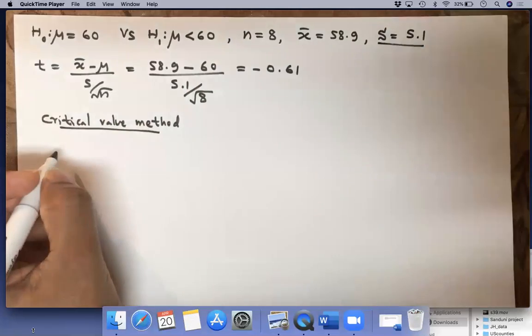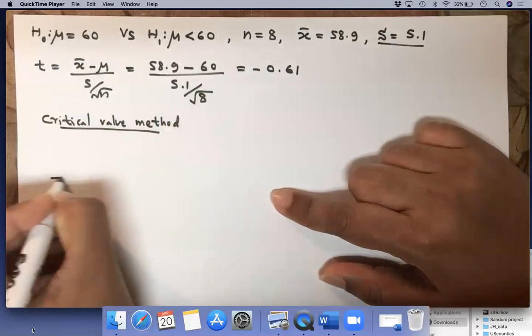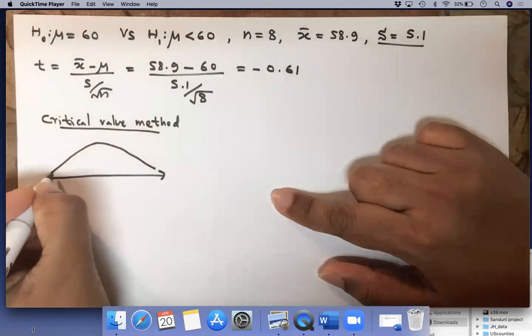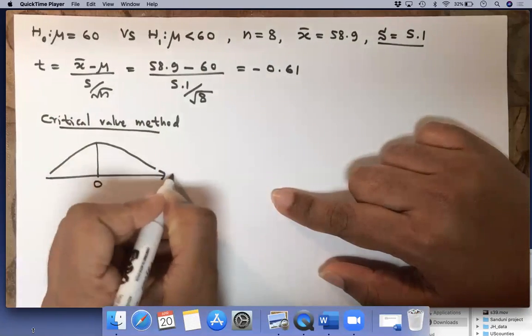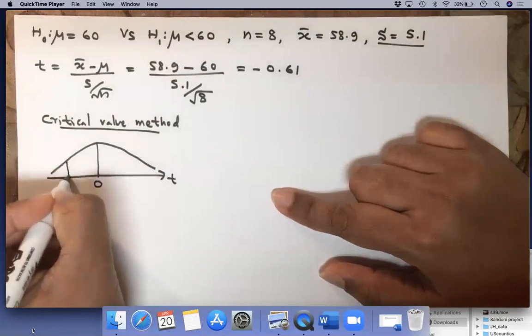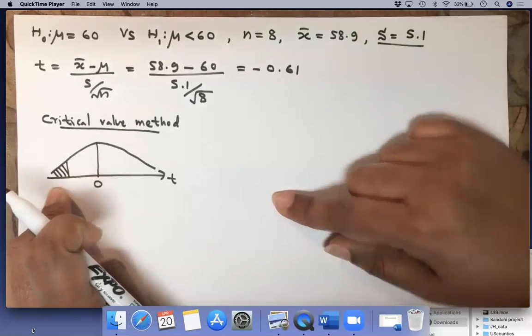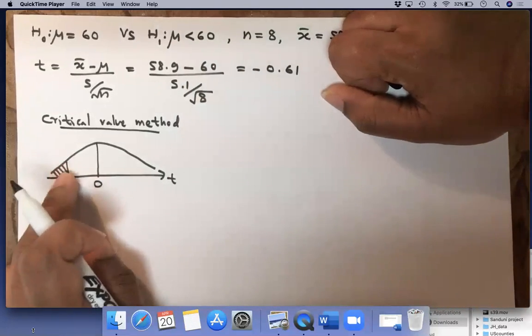Then you know how to find critical values. If you know alpha, we can do that. First, draw the curve. Here it's a left tail test. Remember, I told you if it's left tail, this is a t distribution, then you have your critical region only in your left tail. Because it's left tail, you have only the left-sided area as your critical region.